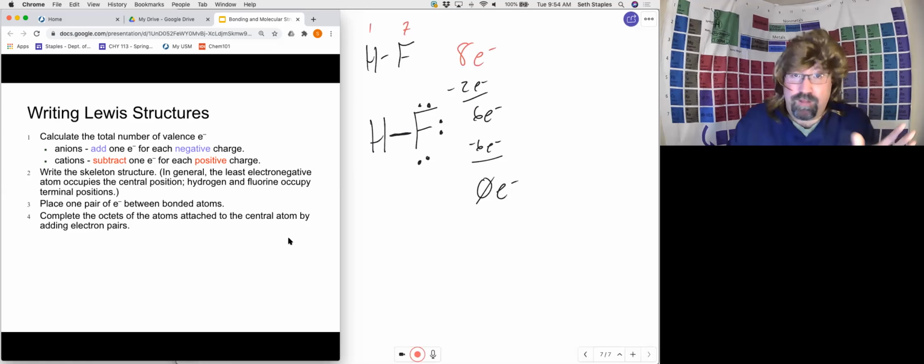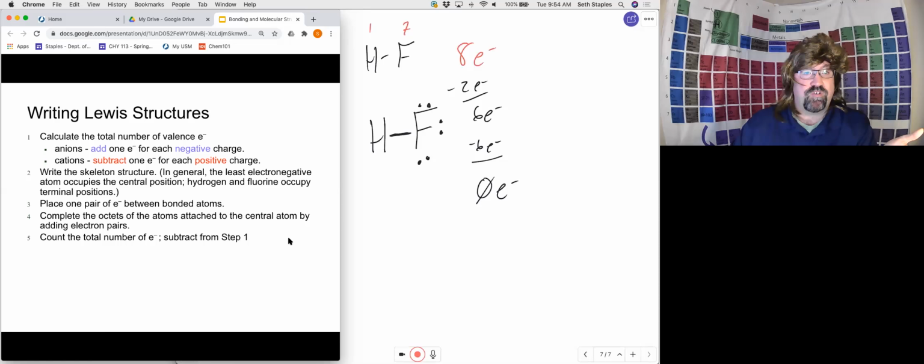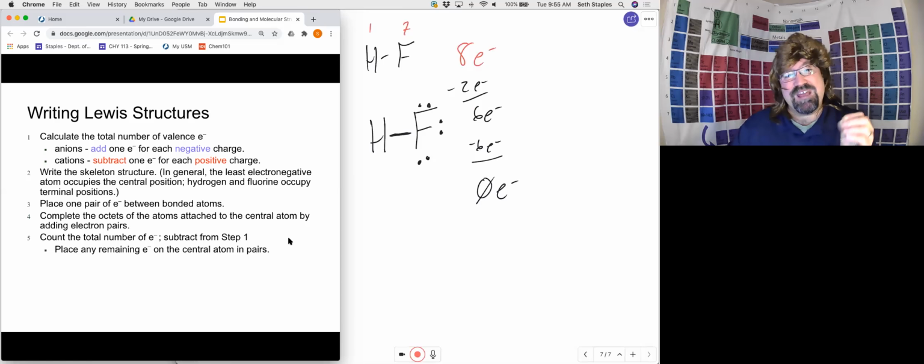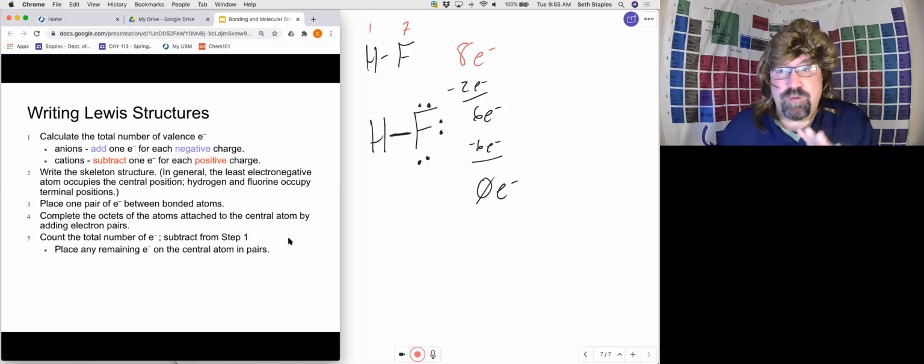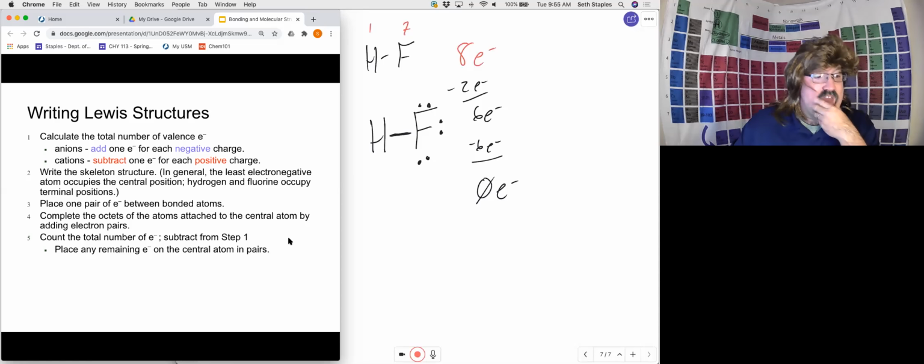We've used all of our electrons. And so we have a complete Lewis structure now for HF. And then any remaining we would place on the central atom. Let's say we didn't use all of our electrons here, and we had something that wasn't just linear like this. Any electrons that are left, we're going to place on our central atom as lone pairs.